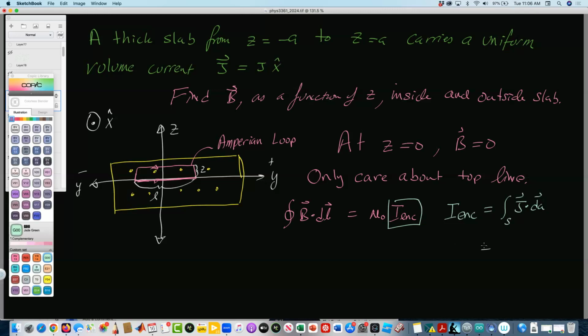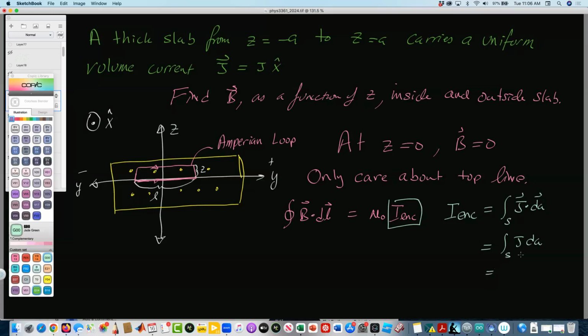So this is going to be just the integral of J dA, because dA points in the same direction as that current. In this case, the current is along the x-axis, so dA is also along the x-axis. That's great.